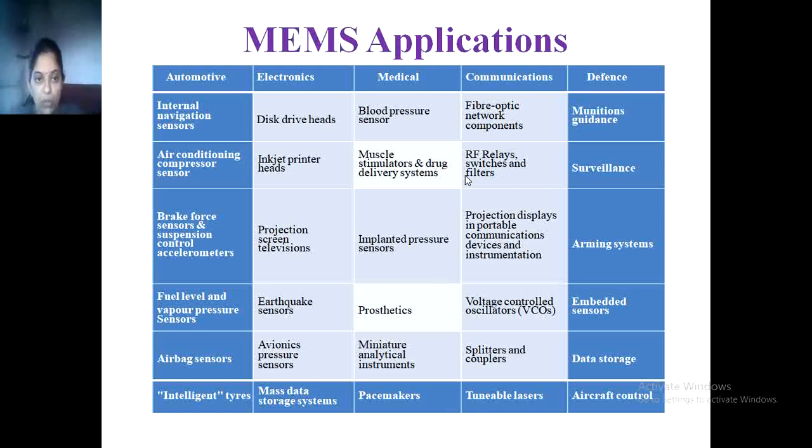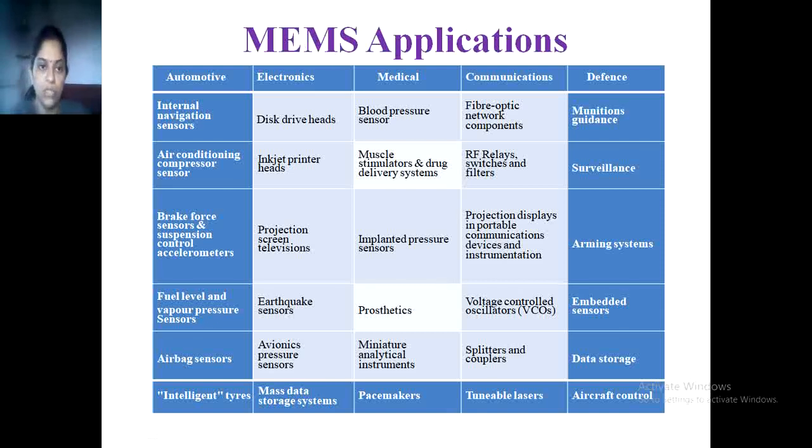So in the automotive area, the MEMS inertial navigation sensor, then air conditioning compressor sensor, then brake force sensor and suspension control accelerometer are developed. Then fuel level and vapor pressure sensors, airbag sensor, as well as intelligent tires.